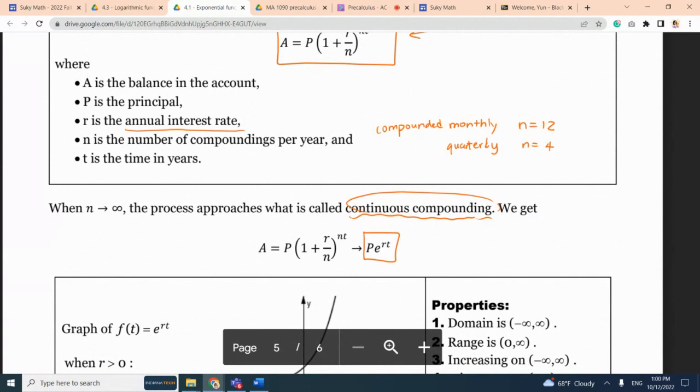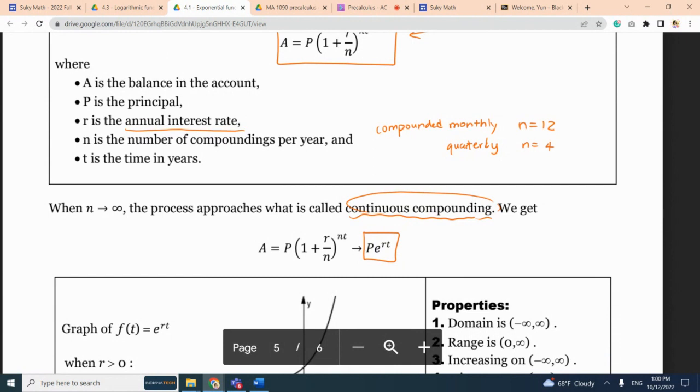Okay, I'm trying to show why this will convert to P times E to the RT. Because now we rewrite this expression, the exponent, we multiply by R and we divide it by R. Okay, now we let x be N over R.